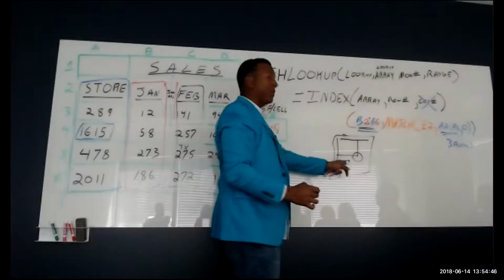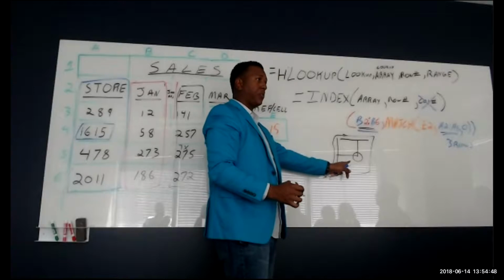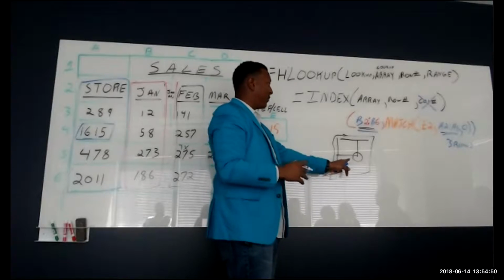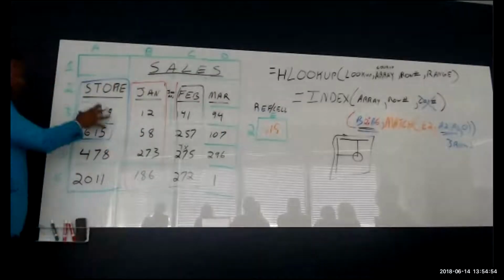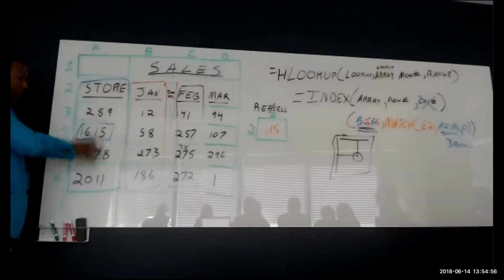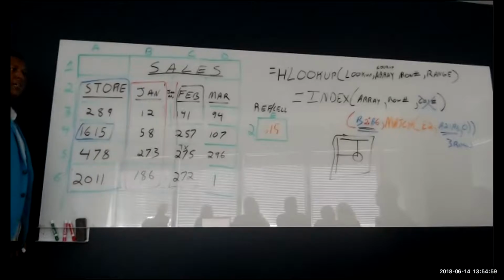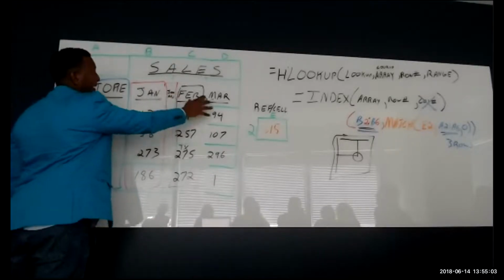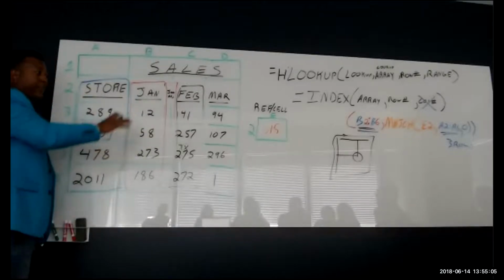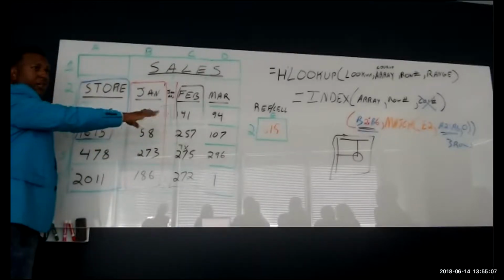Now, when you do something like this in a financial model, and I use this formula all the time, I could say, I don't know what row store 478 is in, and I don't know what month I need right away. But as long as I can connect to a reference cell, I can use it.